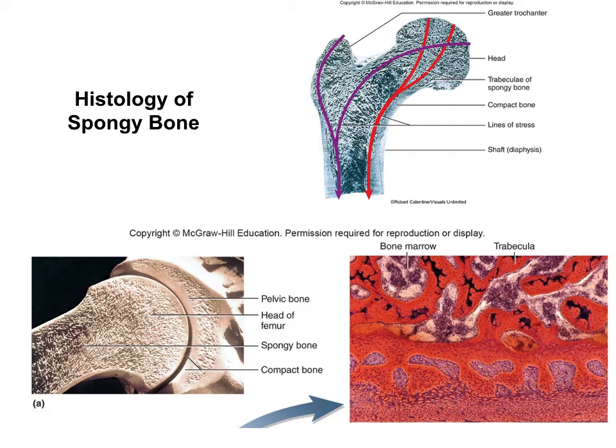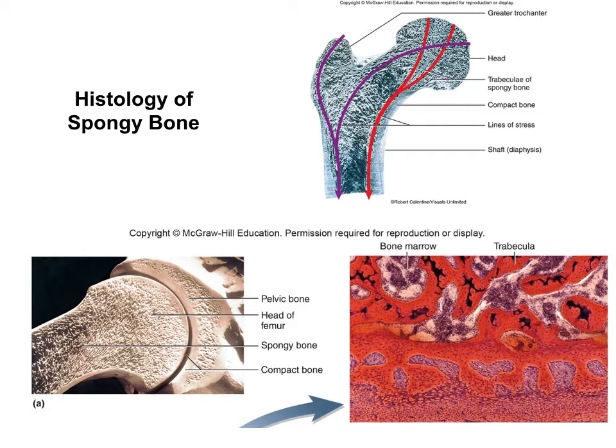And what is really interesting is that there are no blood vessels actually penetrating into the trabeculae, which was different than in compact bone. In compact bone, you had perforating canals with blood vessels, you had central canals passing blood vessels, but you don't have it here.